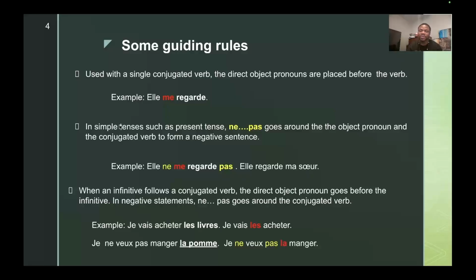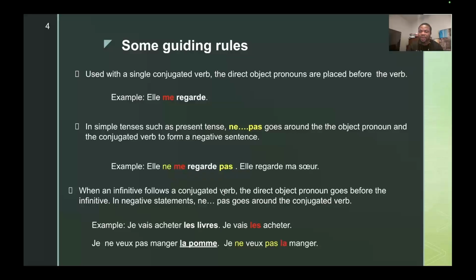Okay, that's one. Two, in simple tenses such as present tense, ne pas, which helps you to form the negation, to have a negative sentence, goes around the object pronoun and the conjugated verb. Sorry, this is the mistake, it should be just the object pronoun and the conjugated verb to form a negative sentence. So it goes around both.